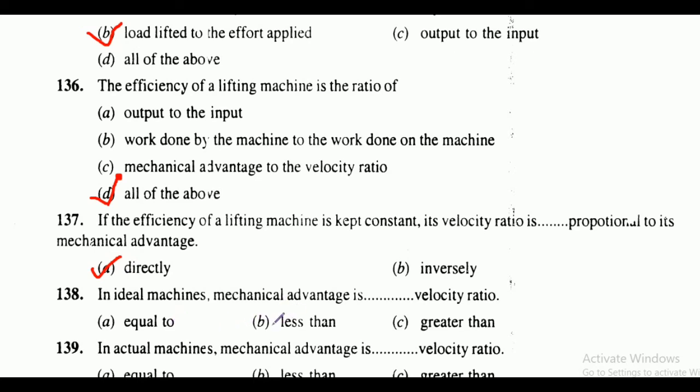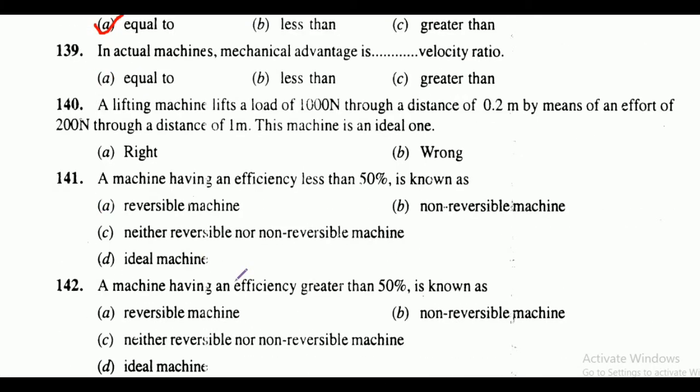In ideal machine, mechanical advantage is dash velocity ratio: equal to, less than, or greater than. So here option A, that is equal to, is the correct answer. Next is question 139. In actual machines, mechanical advantage is dash velocity ratio: equal to, less than, greater than. So here answer is option B, that is less than.